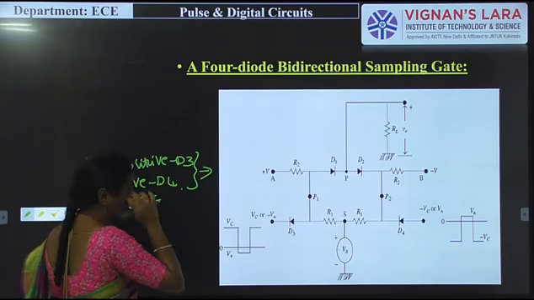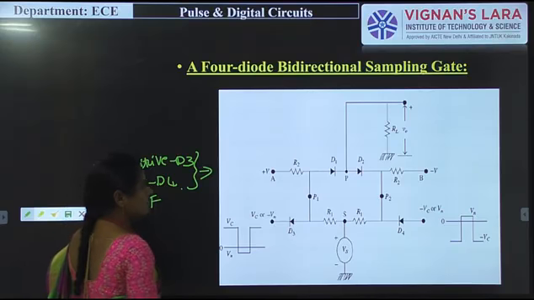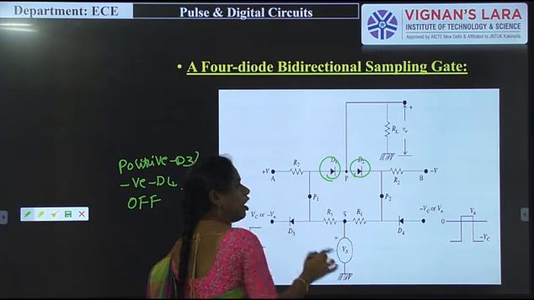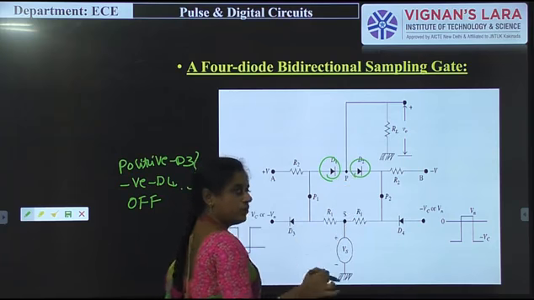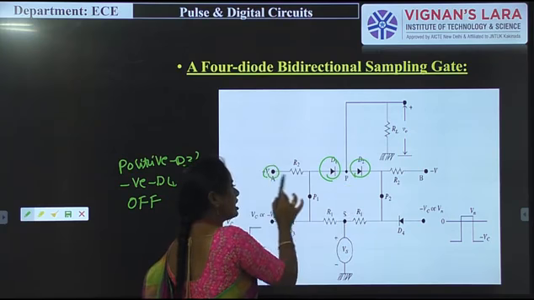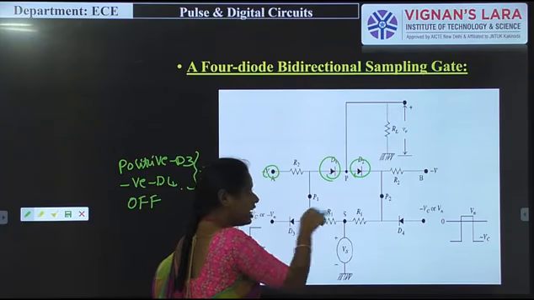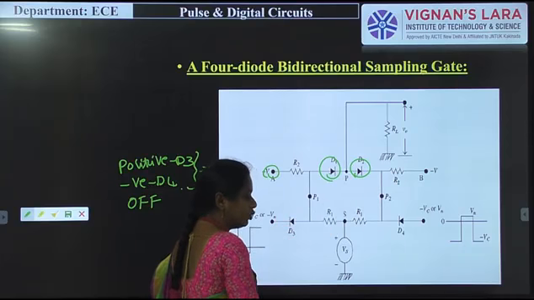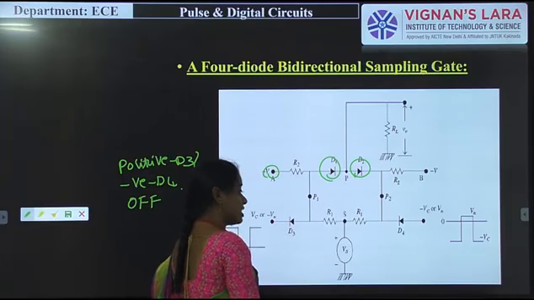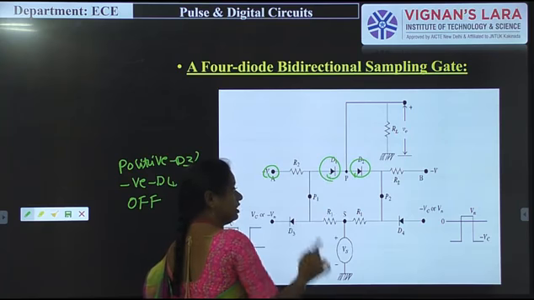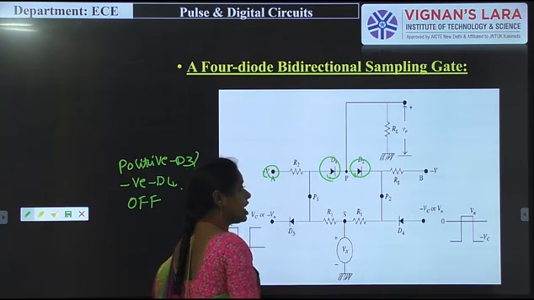Whenever these diodes are off, diodes D1 and D2 are always in conduction, because we apply a positive signal to the anode terminal of diode D1 and a negative voltage to the cathode terminal of diode D2.